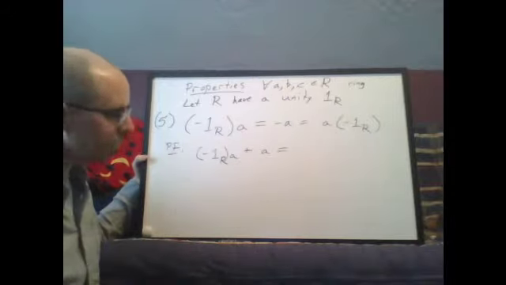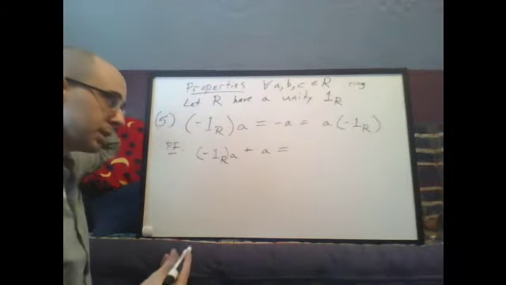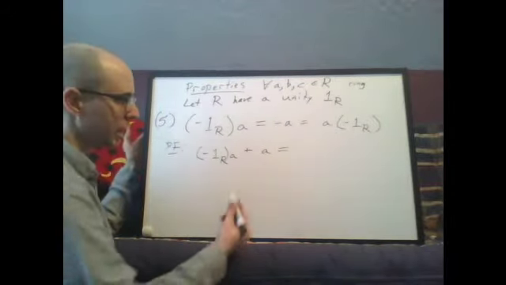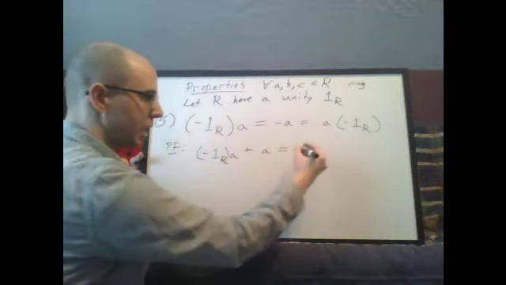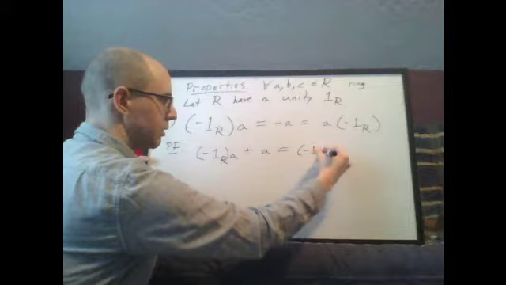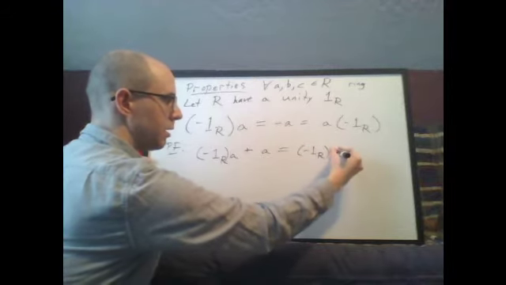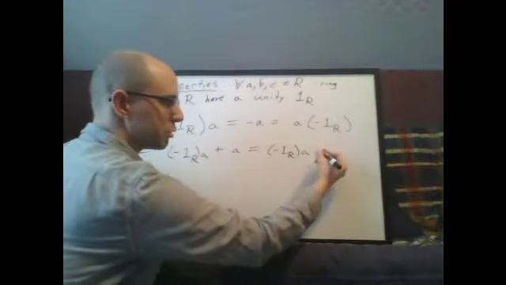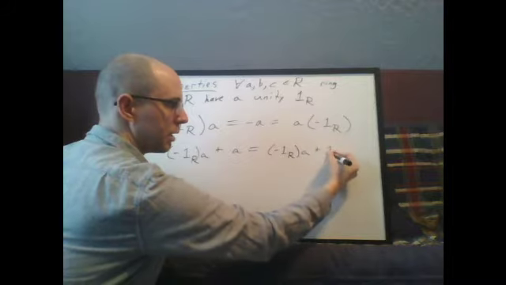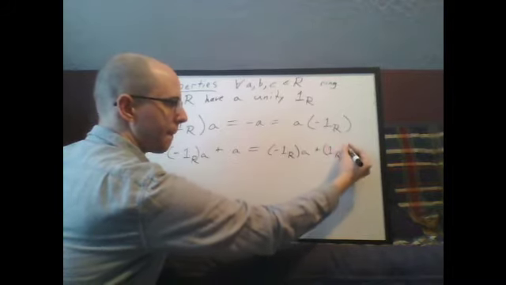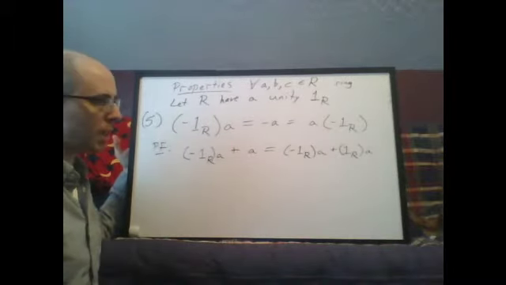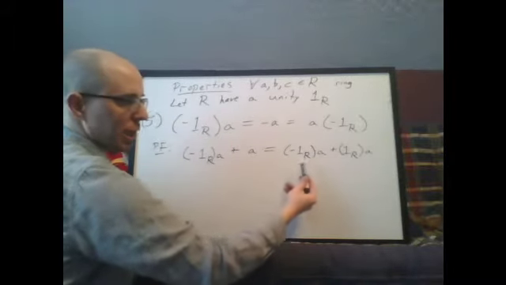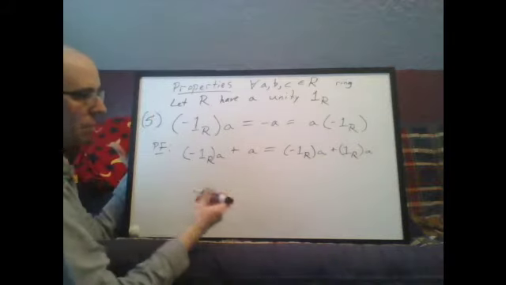Okay, so what I'm implicitly needing to do then is, before I can do that distributive trick, I have to think of this as something times A. If there's just an A by itself, the distributive property can't be applied. But if there's a unity, A is the same thing as 1 times A. And so now I have two things added together with an A in the same place.